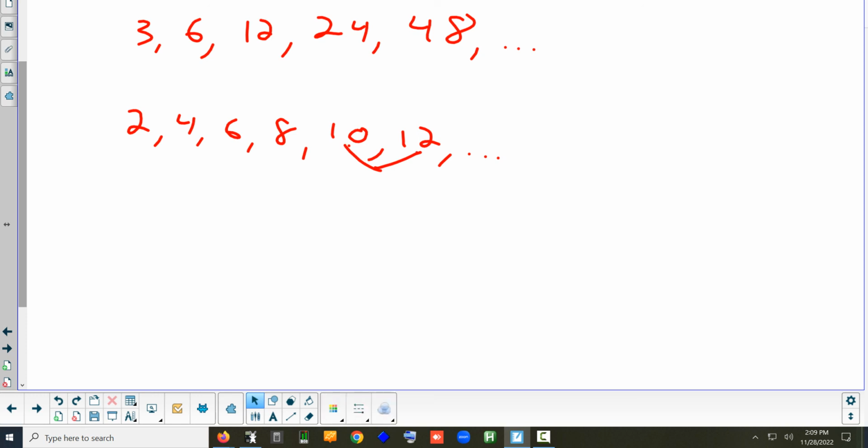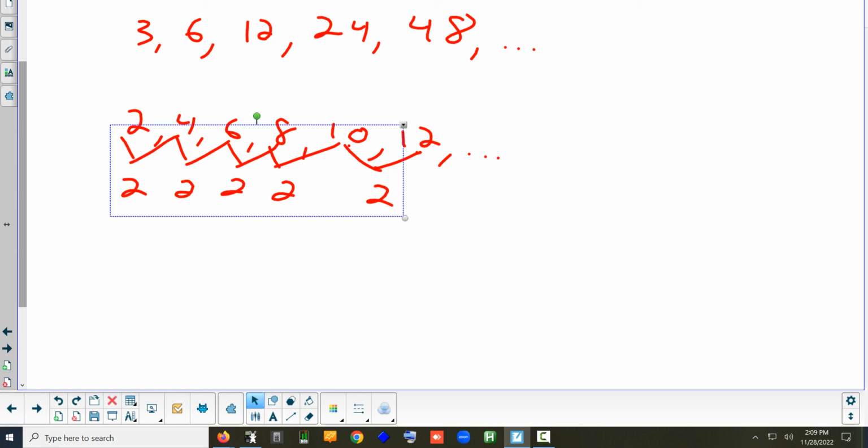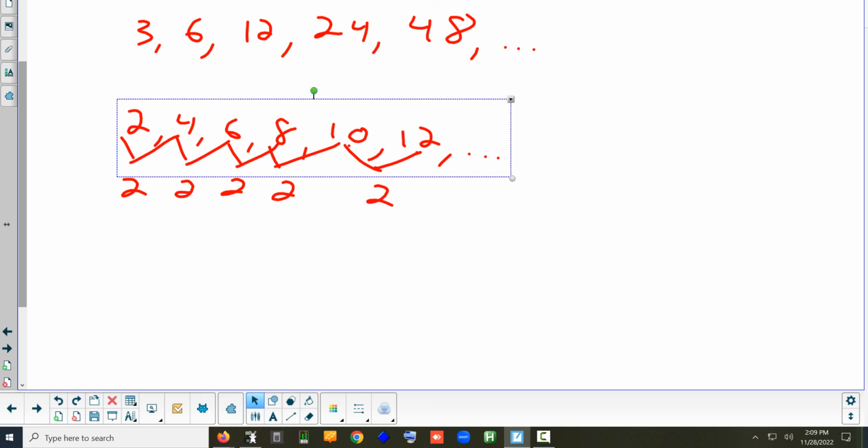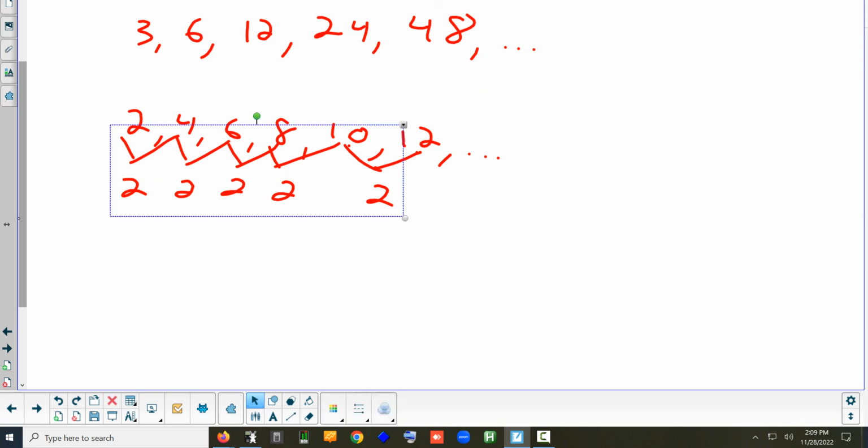What's 12 minus 10? 2. What's 10 minus 8? 8 minus 6, and 6 minus 4, they're all 2s. So if you can subtract one number from the one before it, and you get the same answer every time, that's the number that you added to get from one number to the next.